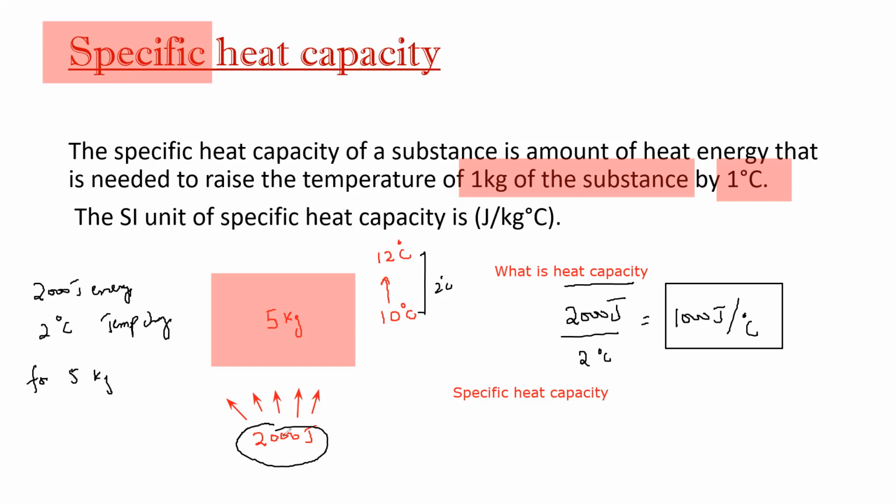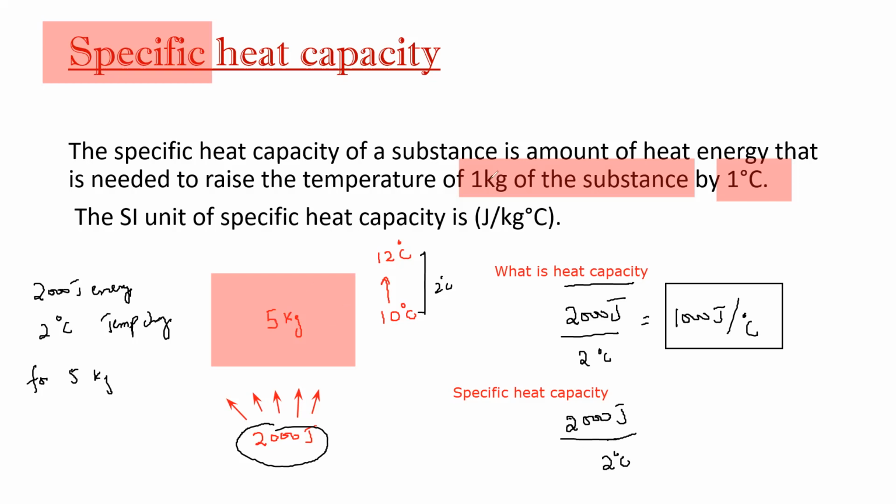So how much energy do we supply? This is the 2000 joules of energy, needed to change the temperature by 2 degrees here, as this 2000 causes a temperature change of 2. So we divide by the temperature change, and we'll get how much energy is needed for 1 degree change in temperature.